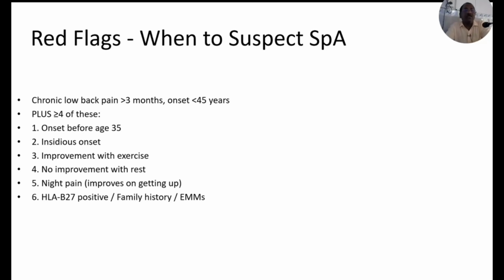Onset before the age 35, insidious onset, improves with the exercise, no improvement with the rest, night pains are there, improvement on getting up, HLA-B27 positivity, and strong family history of the spondyloarthritis and extra musculoskeletal manifestations like anterior uveitis, etc.